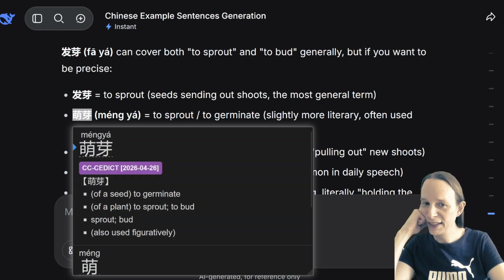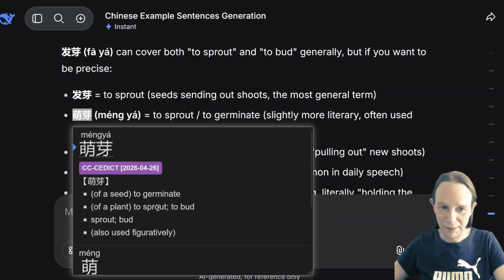Mengya is unspecific. I didn't realize it was a verb though, but all right.